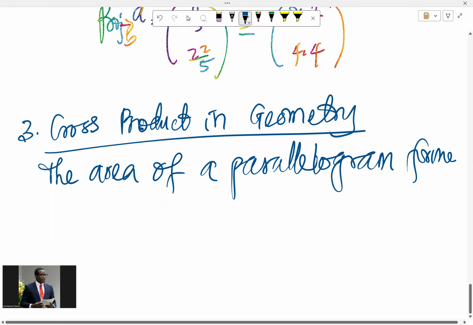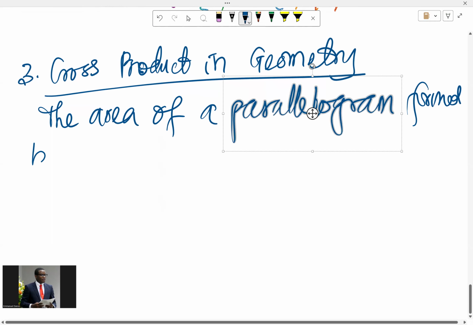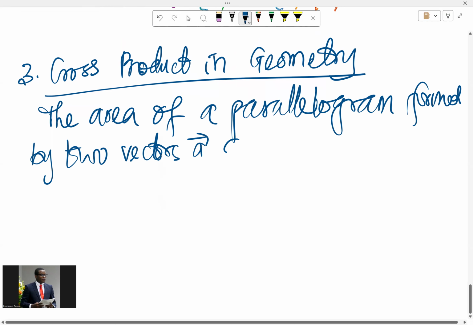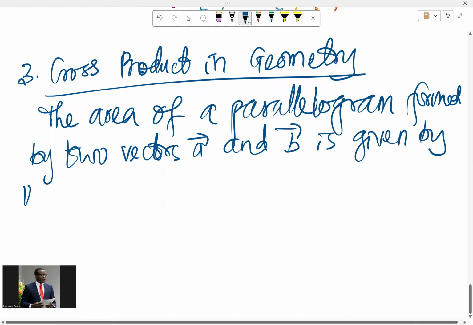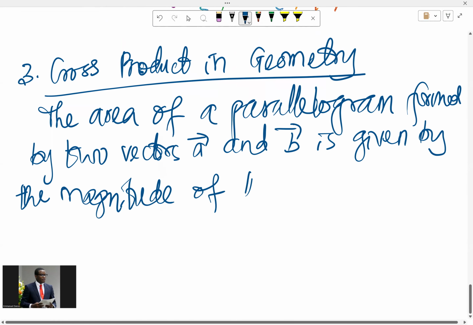formed by two vectors, A and B, is given by the magnitude of their cross product.